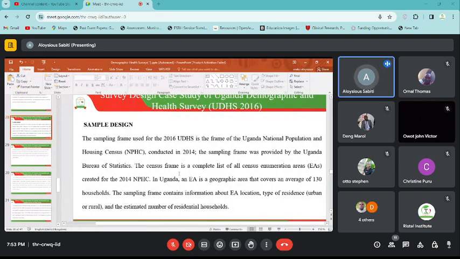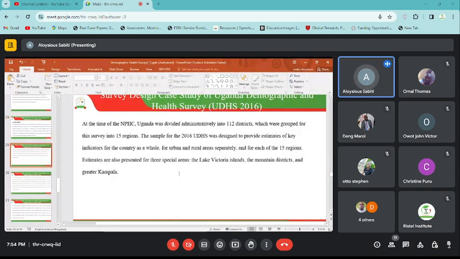So where there were 130 households, this was considered an enumeration area. And one where it was not more than 130 or it was less, it was not considered. And this is what we call sampling. So the sampling frame contains information about enumeration area location, type of residence, and the estimated number of residential households.